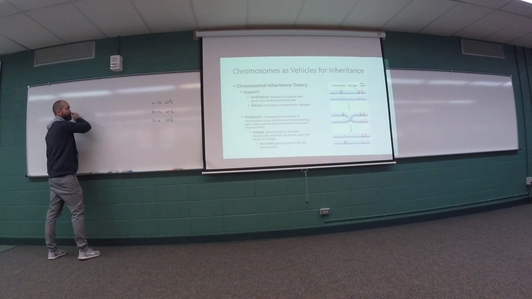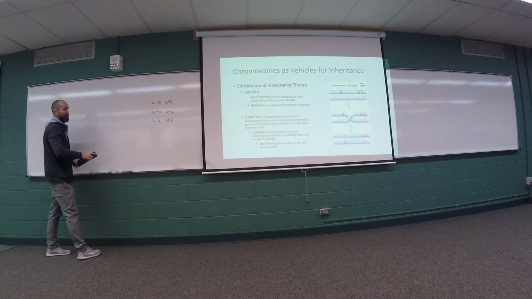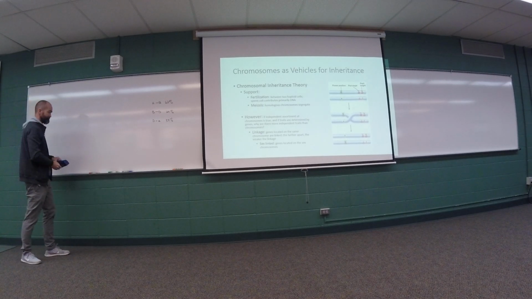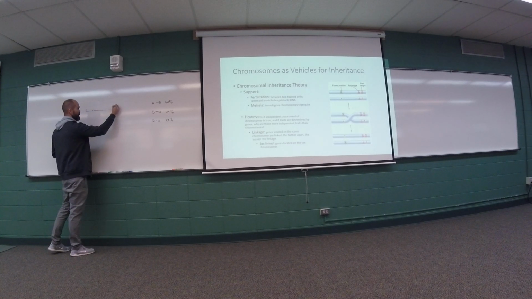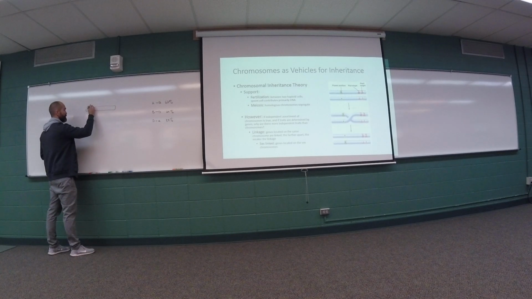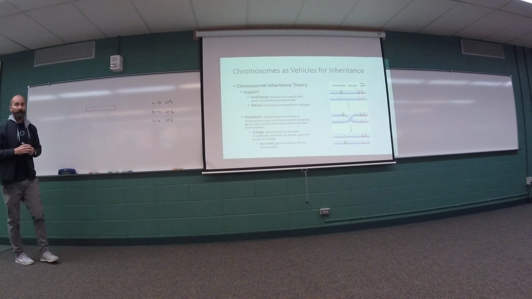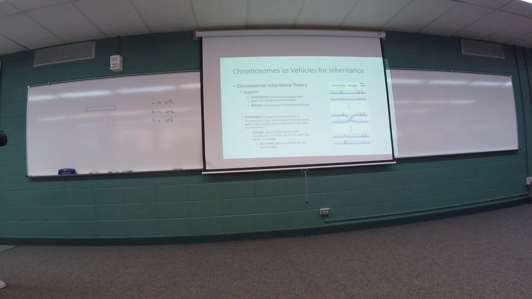So you said previously that the further apart the locations, the higher the percentage of recombination, right? Yep, that's the basic assumption that we're going to work under. Okay, so according to those data, which two genes are located the farthest apart?